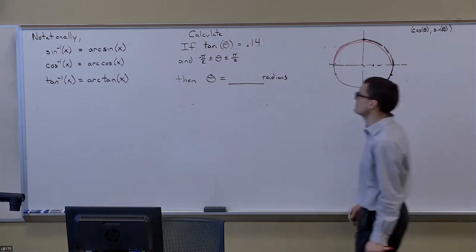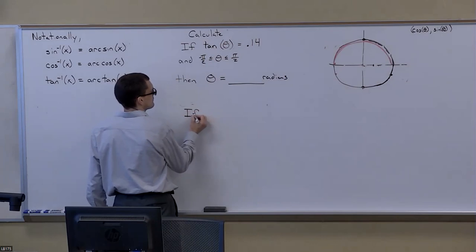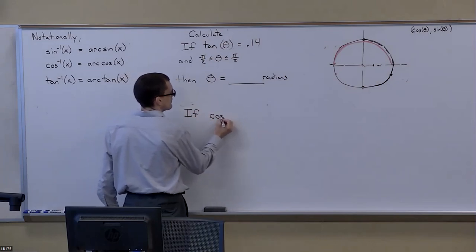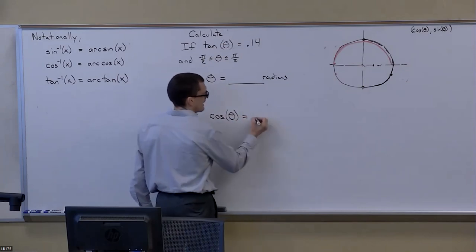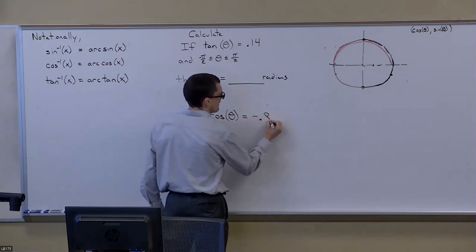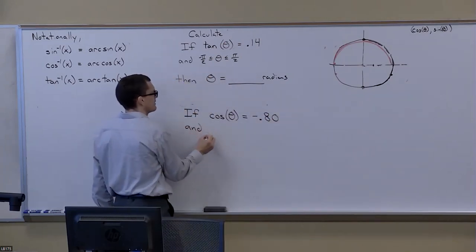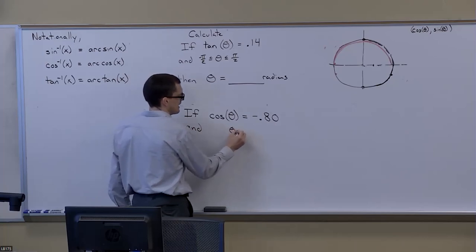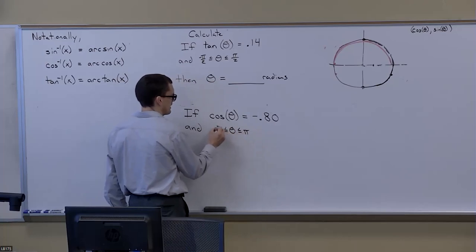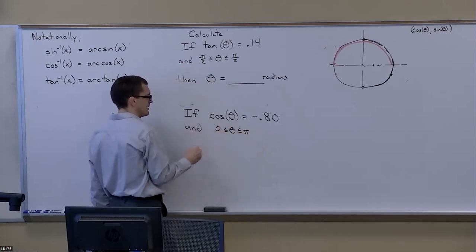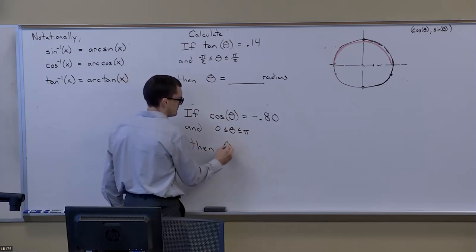I want you to find this on your own, and then do the same thing. We'll do this with cosine. If cosine of an angle is negative 0.80, and, well, for cosine, the output is going to be between 0 and pi, then what is that angle?